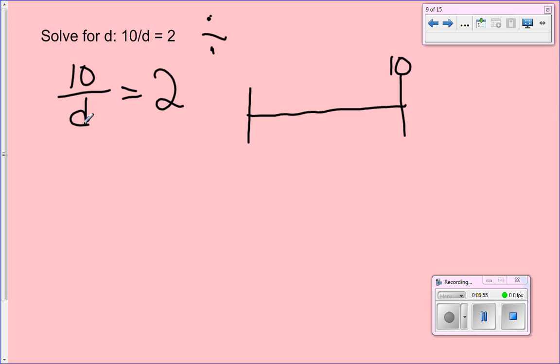Or how many pieces am I breaking 10 into so they are the size of 2. So if I'm going to make jumps of 2, 4, 6, 8, 10, I can find out that those jumps of 2 take 5 jumps to get to 10.